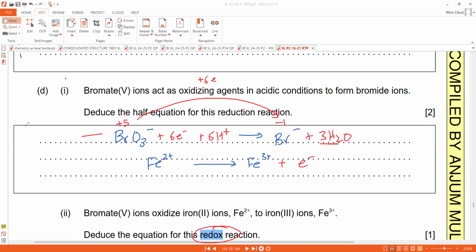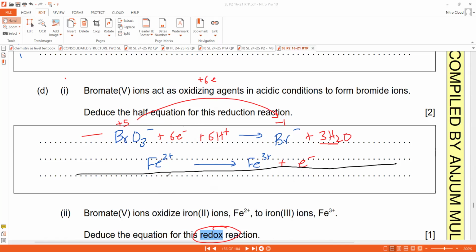Now to write the overall equation, you need to balance the electrons. So the number of electrons lost and the number of electrons gained should be equal. Because that's what redox means, that electrons are lost by someone and gained by someone. So whatever number of electrons are lost by Fe2 plus has to be gained by bromate, and vice versa. Whatever electrons are gained by bromate, all should be lost by Fe2 plus.